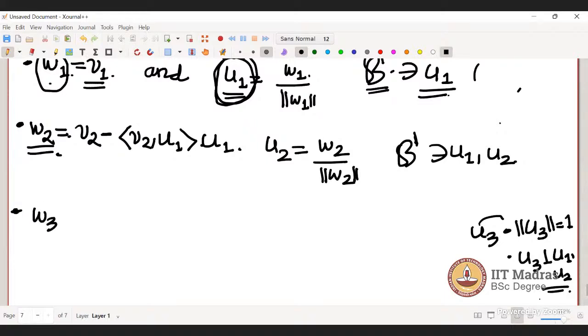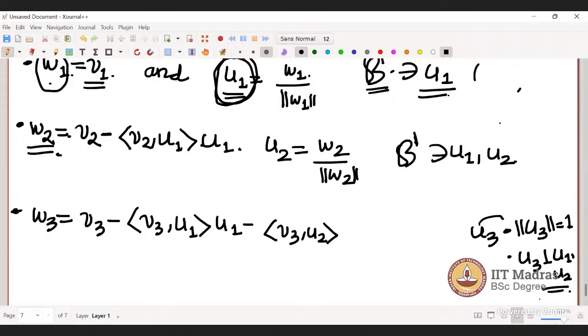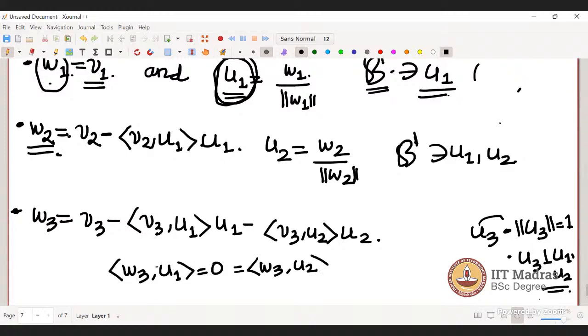Then I will first define W3. What is W3? Same process: V3 minus the inner product of V3 with U1 times U1, minus the inner product of V3 with U2 times U2. Again, you can check that the inner product of W3 with U1 is 0 and the inner product of W3 and U2 is 0.